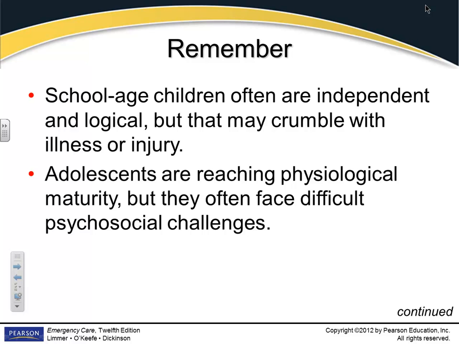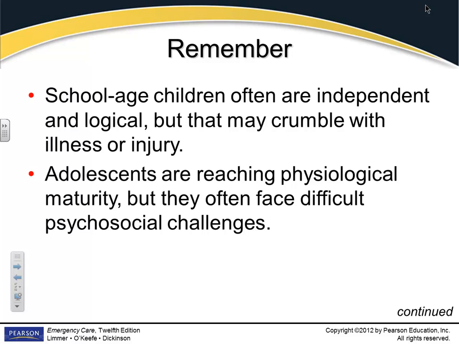Adolescents are reaching maturity, but they often face difficult psychosocial challenges. And it's hard for us to relate sometimes when you think, man, they just made such a bad decision. Why would they do that? They don't have the experiences that we may have had.